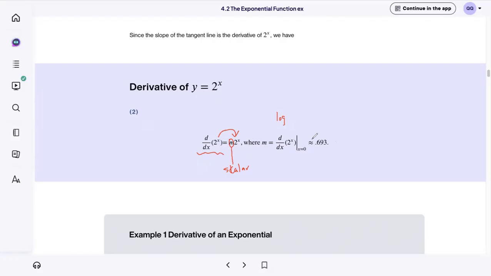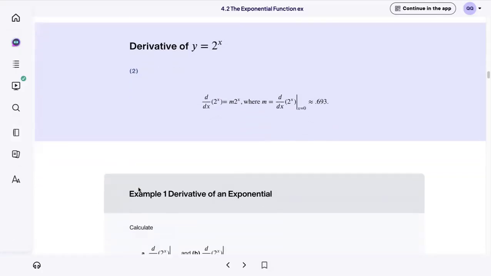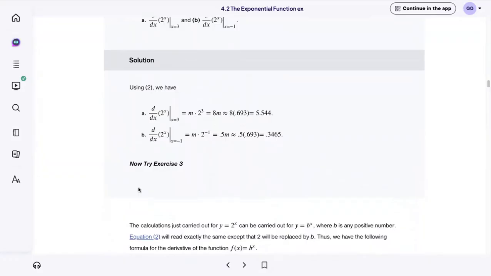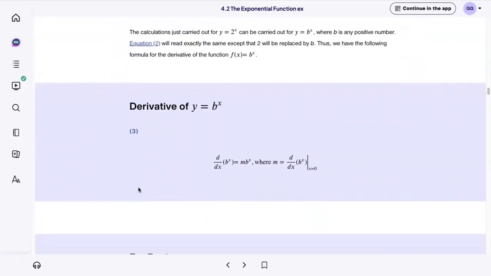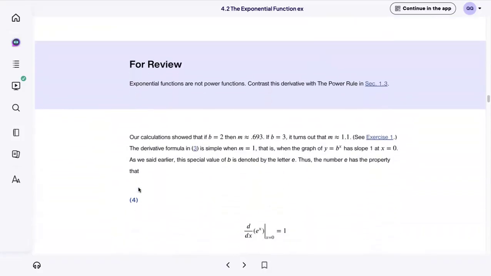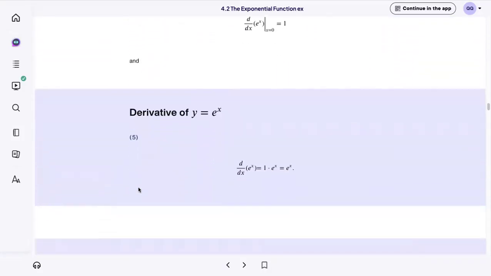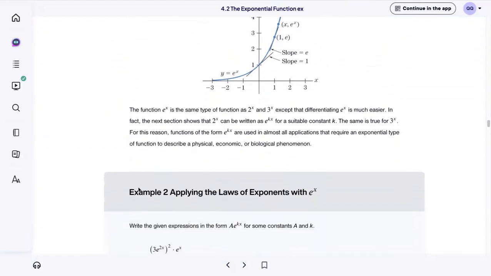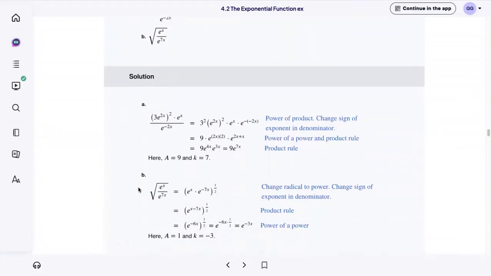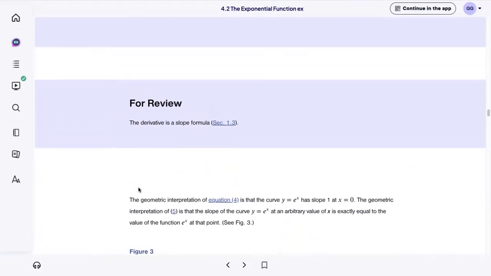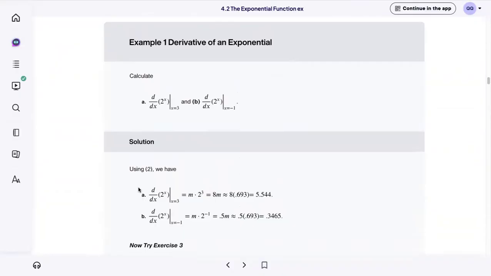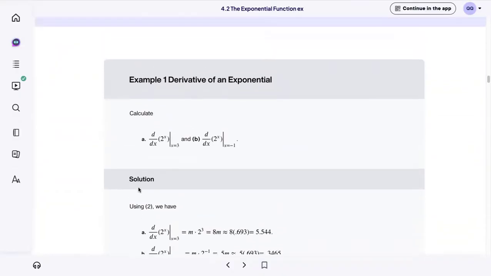But we want to use the exact number. We don't want to use this approximation. So log 2. Let me see if I can find it. Okay, so this textbook didn't write about that.